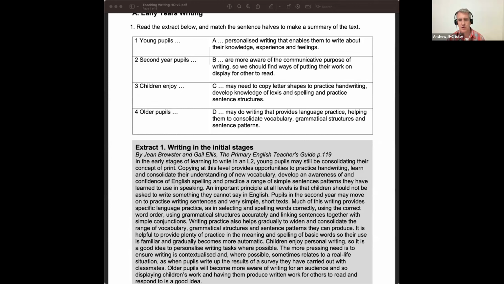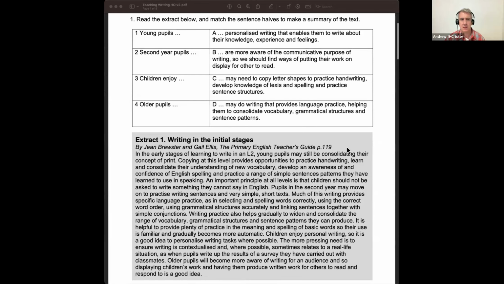Children enjoy personalized writing that enables them to write about their knowledge, experience, and feelings. Correct. And older pupils is B, more aware of the communicative purpose of writing. So we should find ways of putting their work on display for others to read. Correct. Just to confirm.